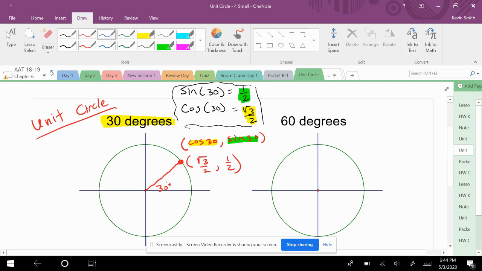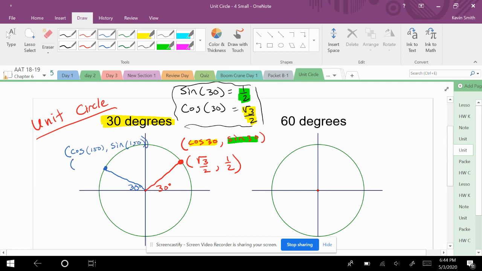Now, let's find our other reference angle in quadrant 2. So again, this would have a reference angle of 30 degrees. It would have a rotation angle of 150 degrees. And let's find this coordinate. So this x comma y would be cosine of 150 comma sine of 150.